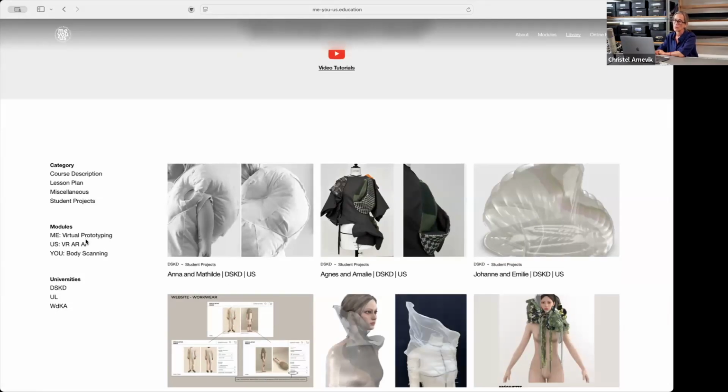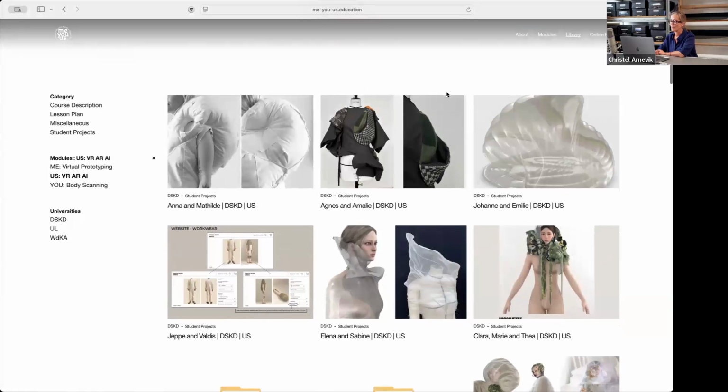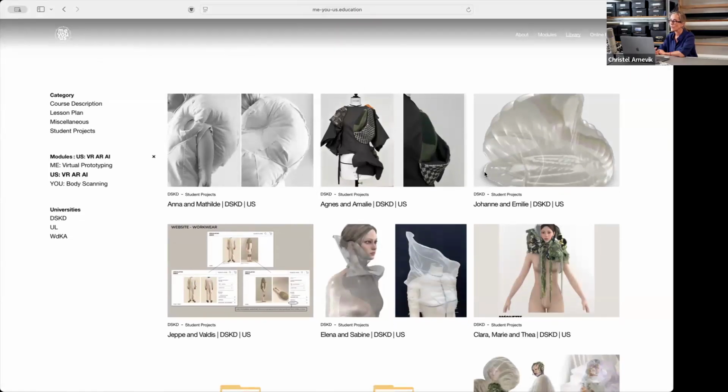So if we go to the final one, the third year, there you'll see the students' work of how they have developed, and you will see again what Fernanda also touched upon. It's very much going from analog to digital and often back again, because even though some outcomes are fully digital, a lot of them will go back into the physical world.